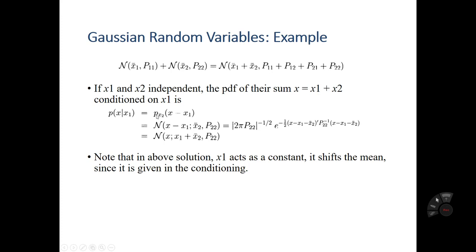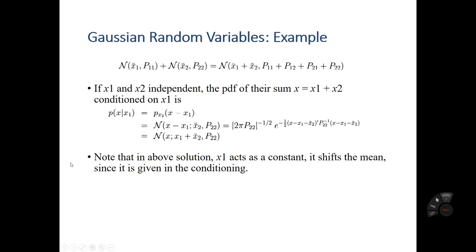So in this function p of x2, we just take the difference between the argument x and x1. So it equals normal of x minus x1, with mean x2 dash and covariance P22.